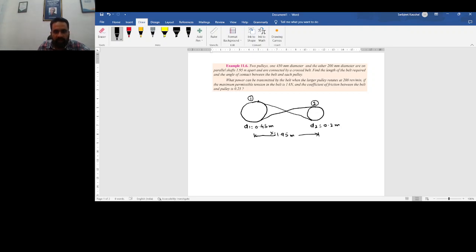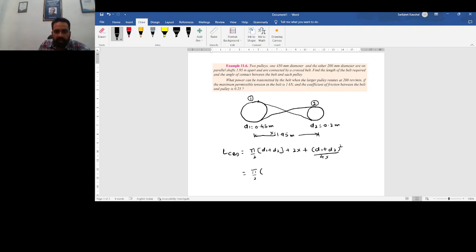Basically, we use the sign x to denote this center distance. Now, firstly, we have to find out the length of the cross belt drive. The length of the cross belt drive is given by the formula pi by 2 (d1 plus d2) plus 2x plus (d1 plus d2) whole square by 4x. Now almost all the things are given.